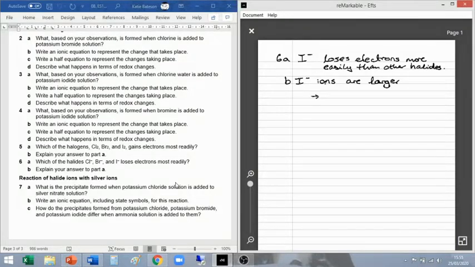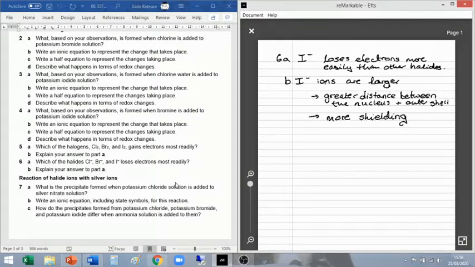The iodide ions are larger because there is a greater distance between the nucleus and outer shell. Therefore, there are more electron shells between them, so therefore there is a higher degree of shielding. So other electrons are going to be pushing or somewhat negating the attractive force from that nucleus.